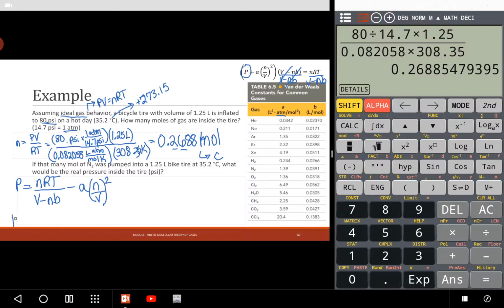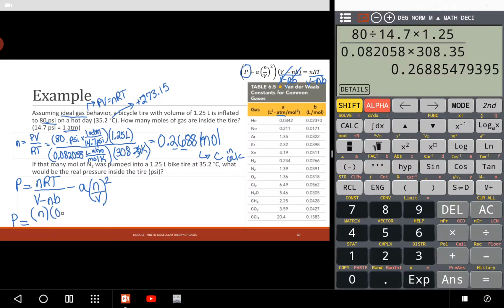Now that I have my equation, I can plug in values. I'm going to try to do that underneath here. I'm going to just leave my n as n because I got that in my calculator, so I'll use my calculator value.